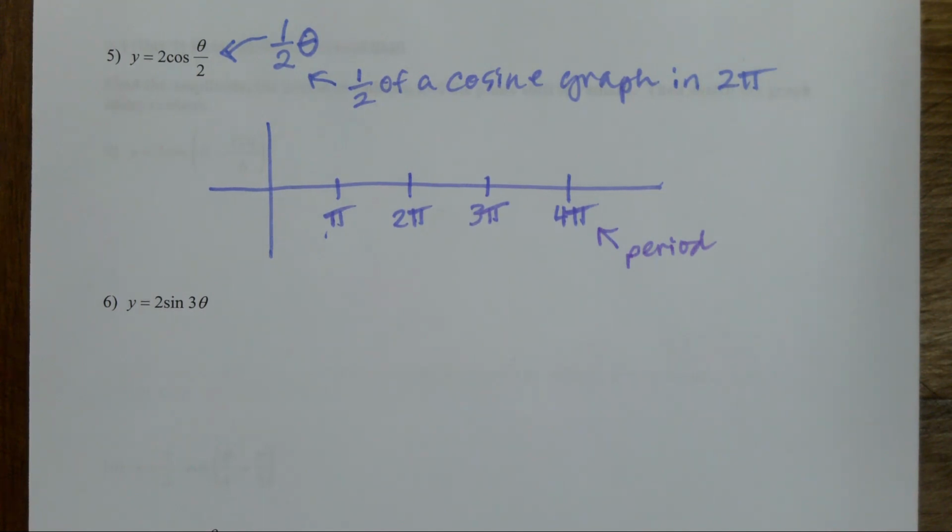So far I've just been sort of talking through what we're doing when we're finding our period, how long it's going to take to repeat itself, etc. But we do have a little formula we can use.